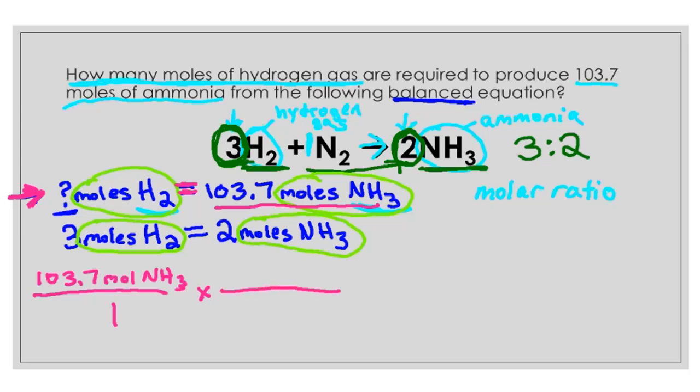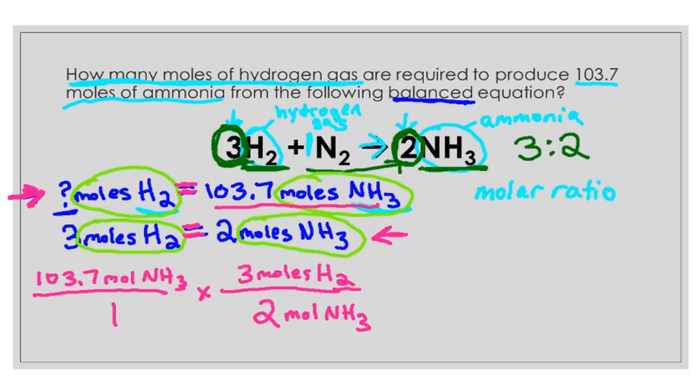The unit of measurement on top of that fraction is moles of ammonia, so we're going to write the moles of ammonia down here. And we're going to see where else moles of ammonia is mentioned. That is on the second line over here on the right, 2 moles of ammonia.